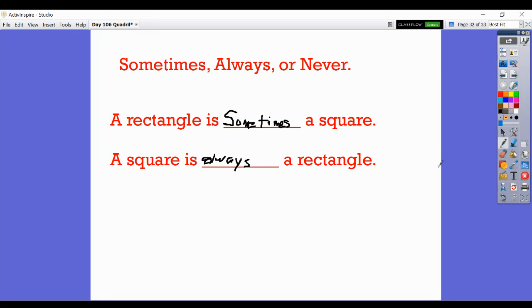A rectangle is sometimes a square, and a square is always a rectangle.